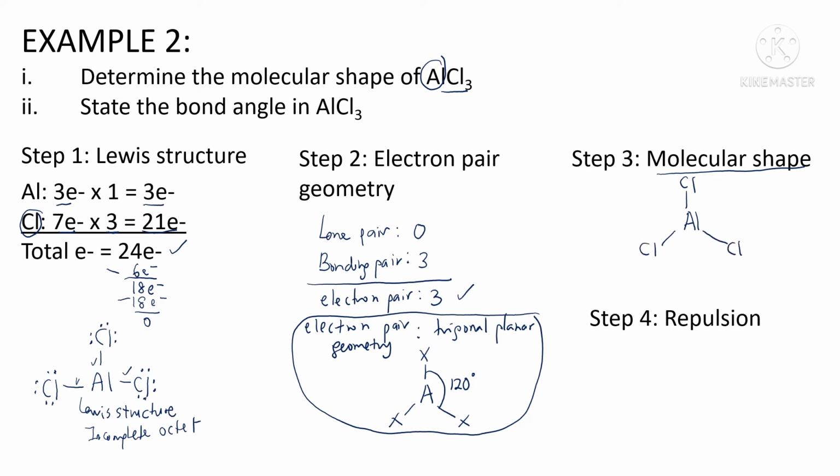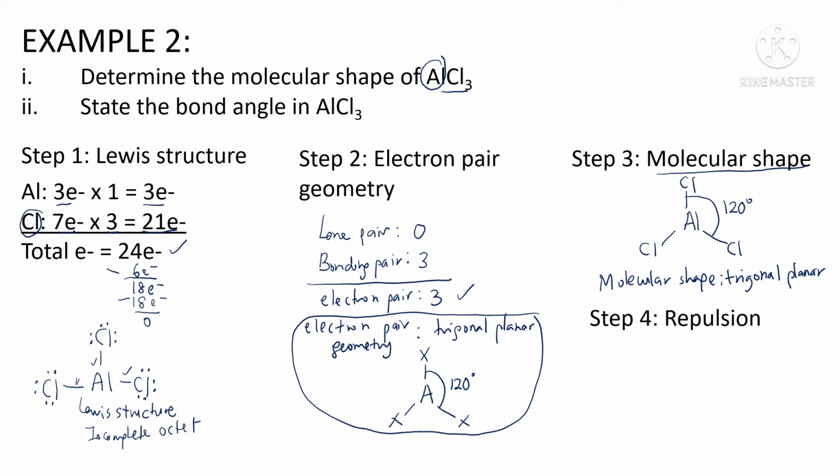And the 3 bonding pairs will repel each other, and to minimize the repulsion, they must be 120 degrees apart from one another. And this molecular shape of aluminum chloride is called trigonal planar, because the three bonding pairs arrange themselves like a triangle in a plane.